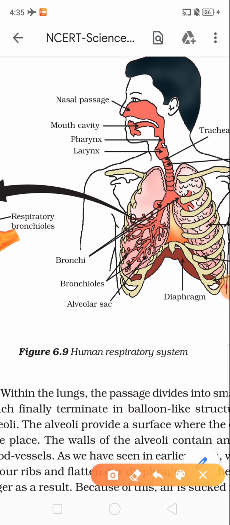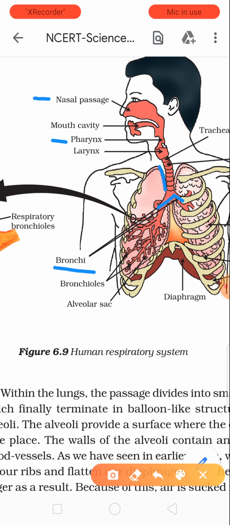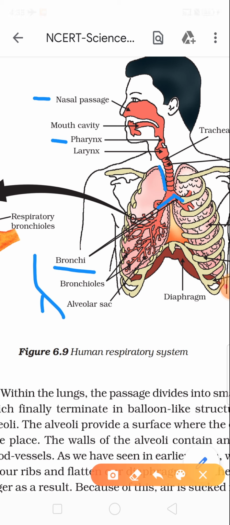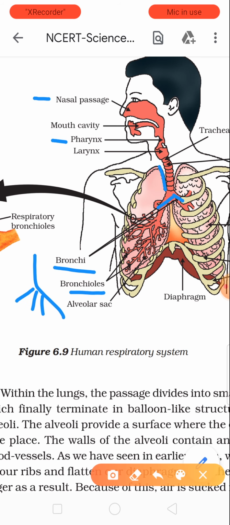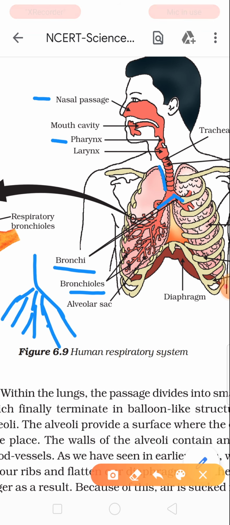From the nasal passage, from the pharynx to the trachea, it will divide into two. This is known as bronchi. Then the bronchi will further divide into bronchioles, and these bronchioles will divide and redivide into a chamber called the alveolar sac, which you can see here.